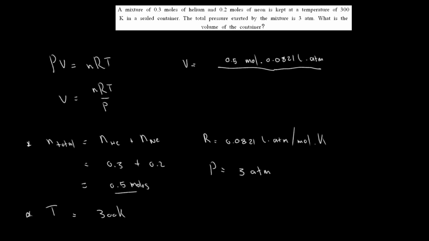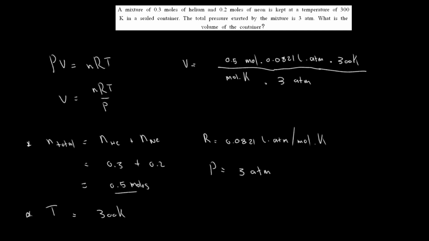Now instead of going from a numerator to denominator, I'm going to simply place this over mole times Kelvin. Okay, and then let me quickly add our temperature. Our temperature is 300 K. And then we have our pressure, which is 3 atmosphere.